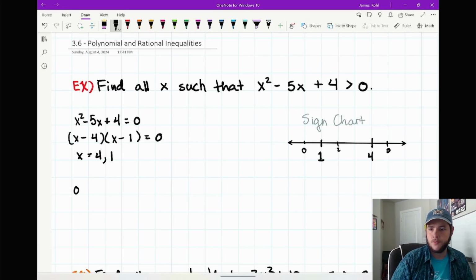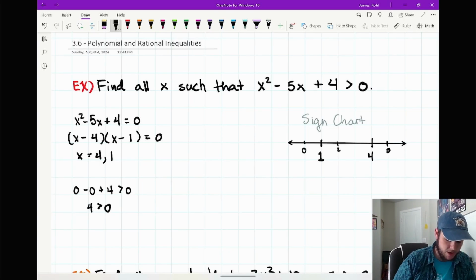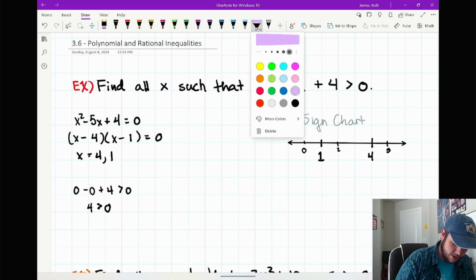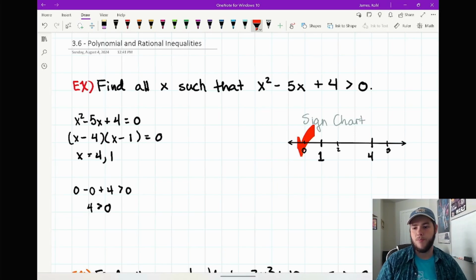When it's 0, I get 0 minus 0 plus 4 is greater than 0, or 4 is greater than 0. Here, it works. My inequality holds in this region.